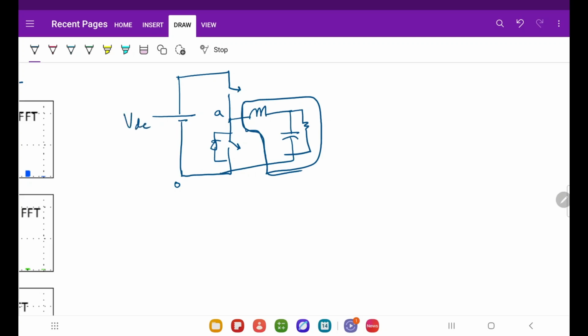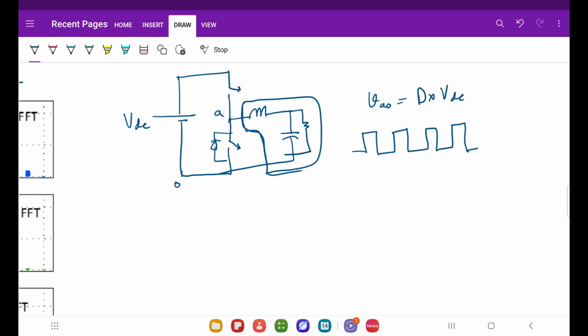Now if you look at it, the output voltage, which is VAO, is always D into VDC, right? D into VDC. Now VAO is a perfect square wave, right? Now this LC, or only the L, also has a low pass filter effect.